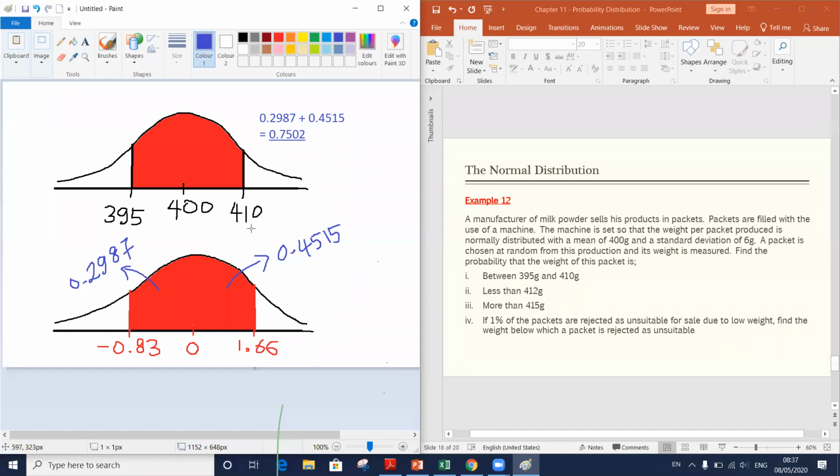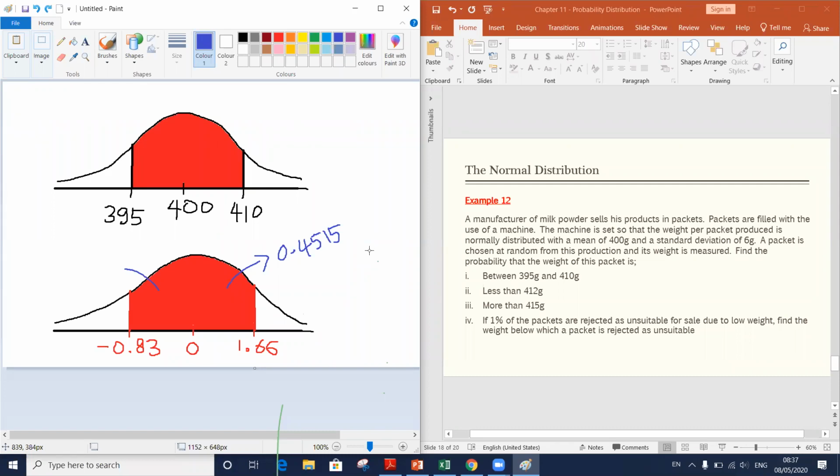Using that formula, we find the z value for 410 and the z value for 395, and then using the z values we can find the probabilities. Right? That is what we have done.